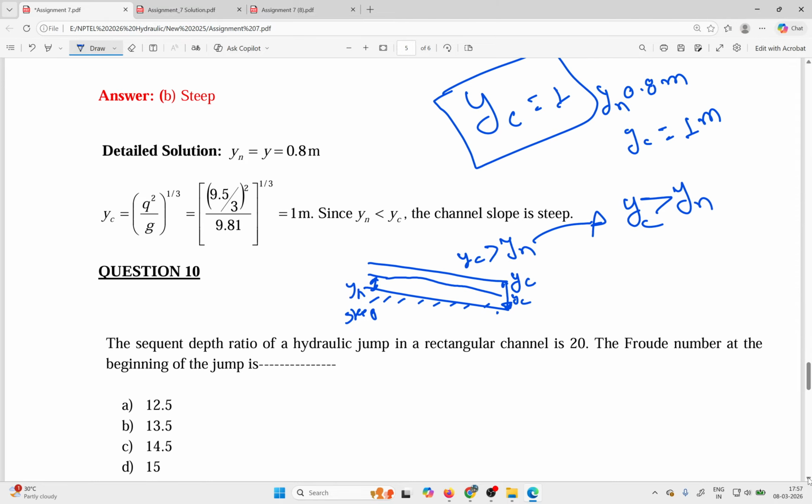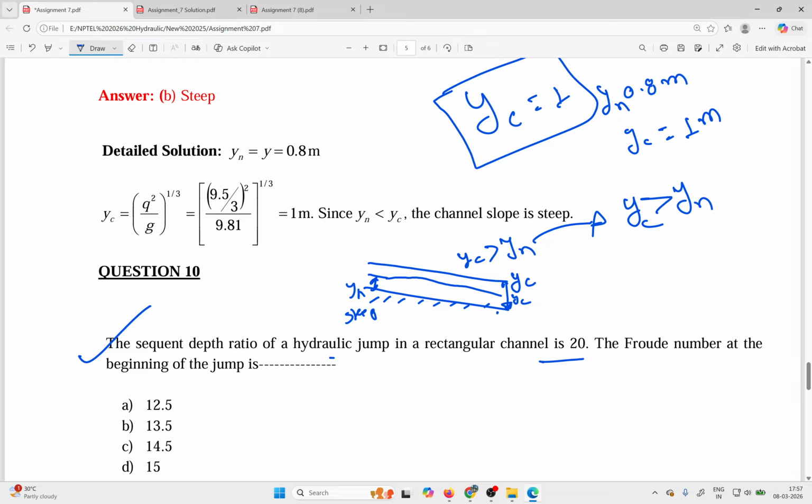The next question is: the second depth ratio of the hydraulic jump in a rectangular channel is 20. The depth ratio is given, remember. The Froude number at the beginning of the jump is asked. You already know which is the beginning and which is the last; I have already explained it in the first question.